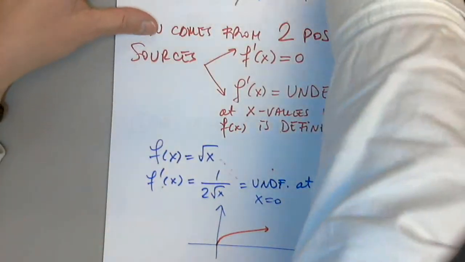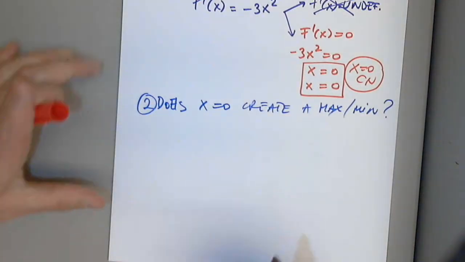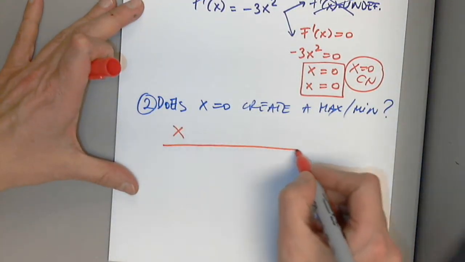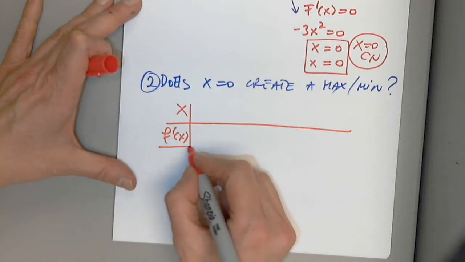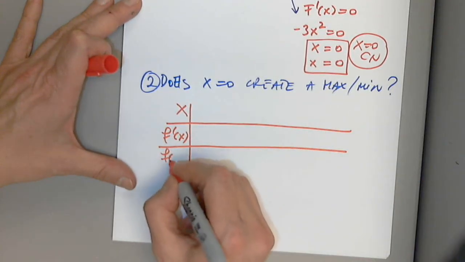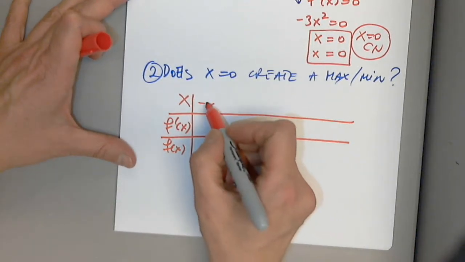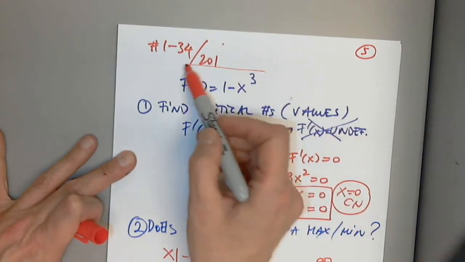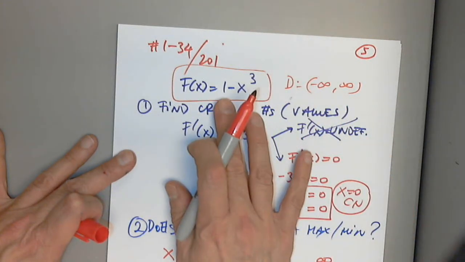So here's our next step. We create a little table. F prime being the first, and f of x following it. X is all real numbers, I hope you agree. This function is defined on all real numbers. It's a polynomial function, right?